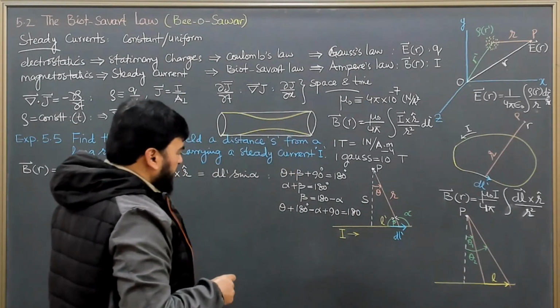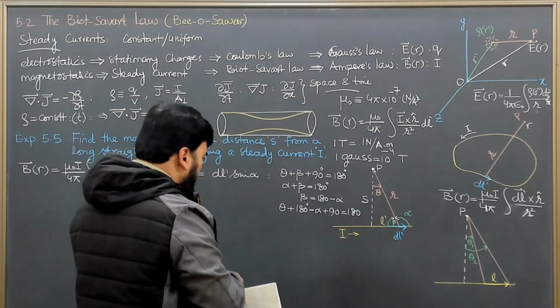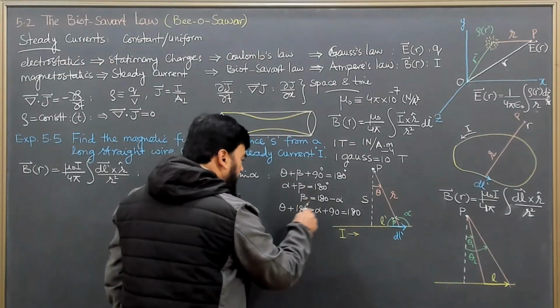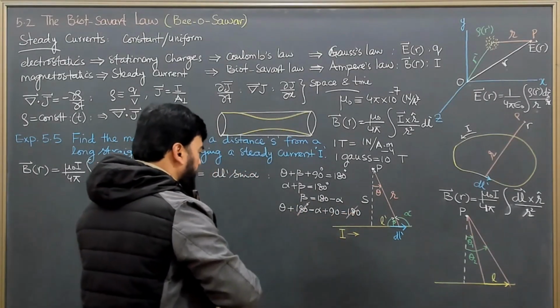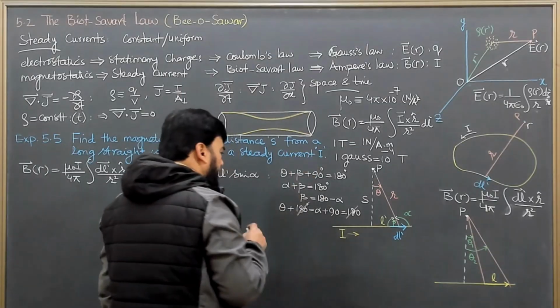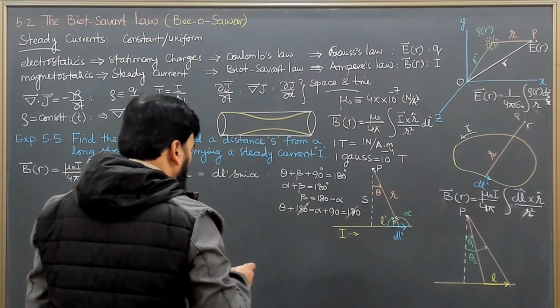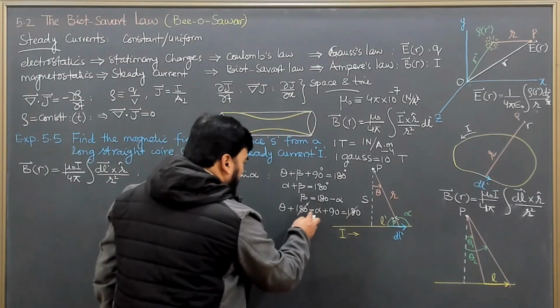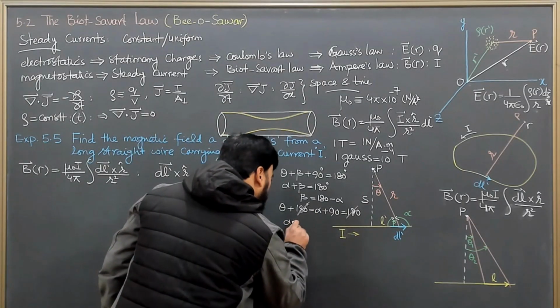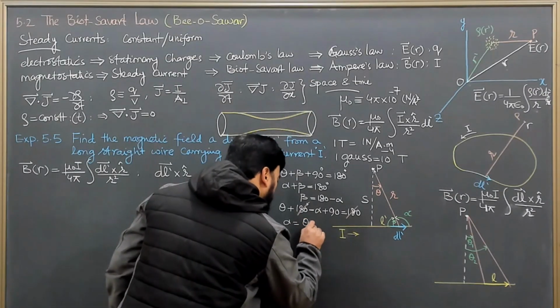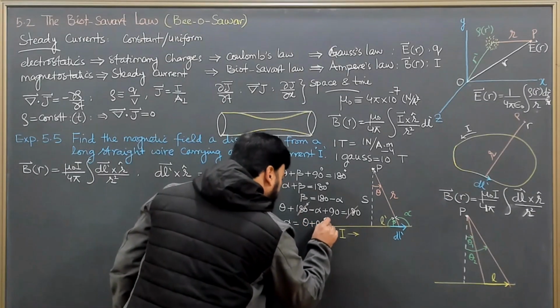Now 180 and 180 cancel each other on this side, and I can write that alpha is equal to theta plus 90.